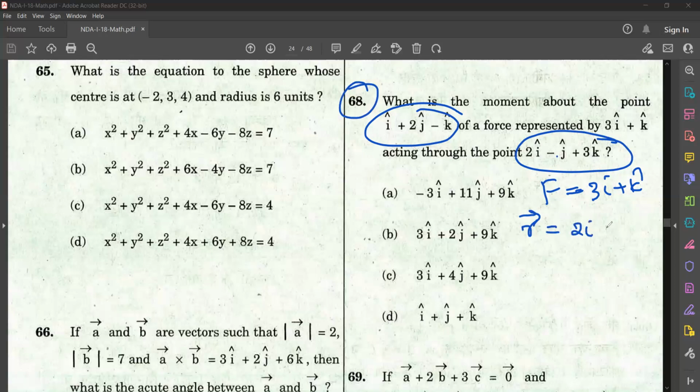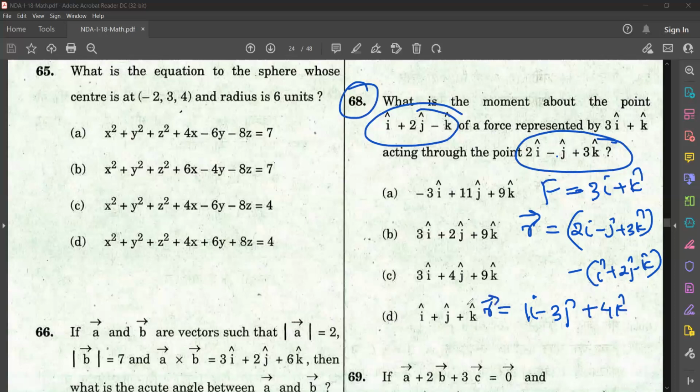So it is 2i − j + 3k minus i + 2j − k. That is 2 minus 1, 1i; minus j minus 2, minus 3j; 3 minus minus 1, that is plus 4k. So our vector will be like this.